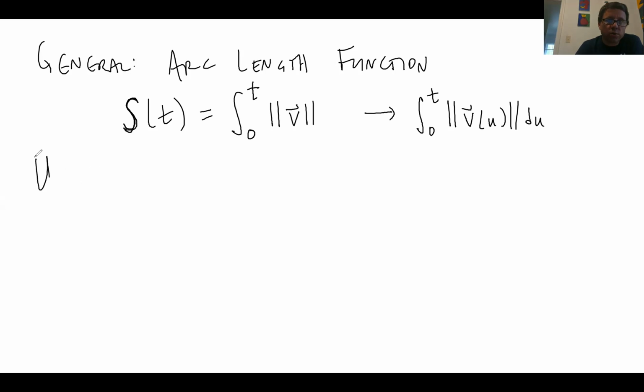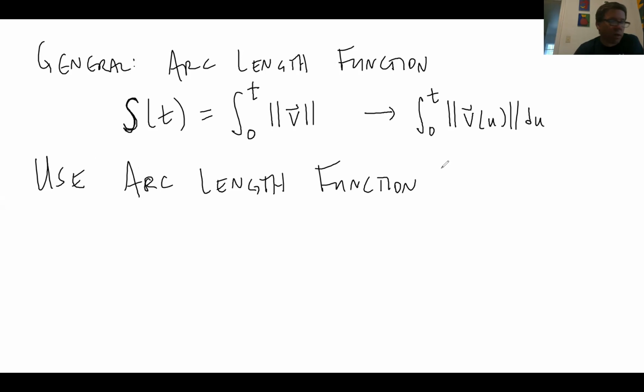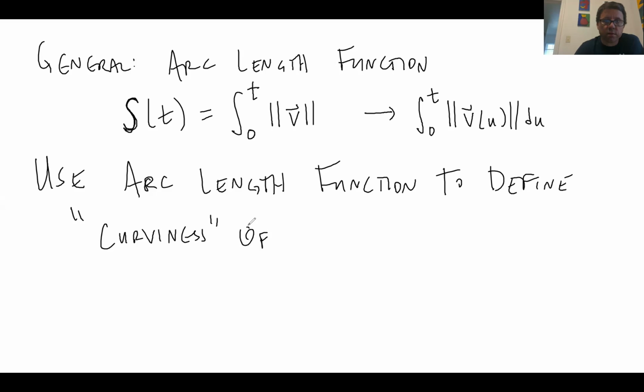The point is this: we use the arc length parameter, or the arc length function, to define, and this is not a technical word, the sort of curviness of a curve.